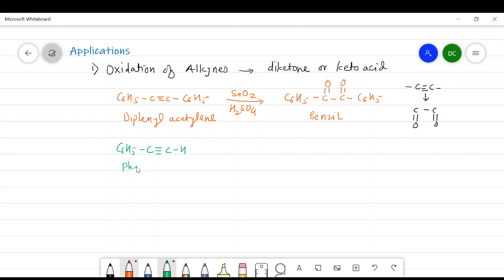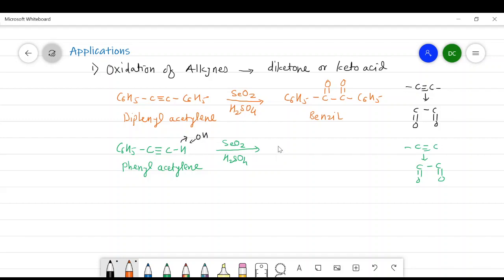Here it is a phenyl acetylene, and when it is treated with SeO2 in the presence of H2SO4, a similar case is happening here, and the carbon triple bond carbon is going to convert into C double bond O, C double bond O. But in this alkyne, on one side there is a hydrogen, and in place of hydrogen the OH group came.